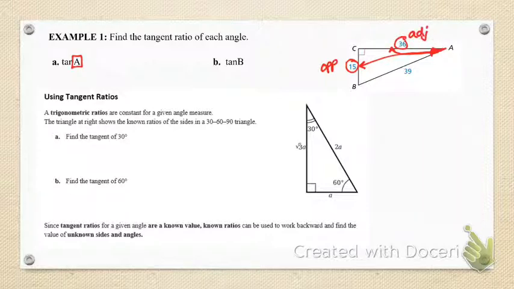Adjacent side. So again, why isn't this guy the adjacent side? Because this guy is the hypotenuse. So the answer for example 1A is 15 over 36. And then we'll want to reduce this.